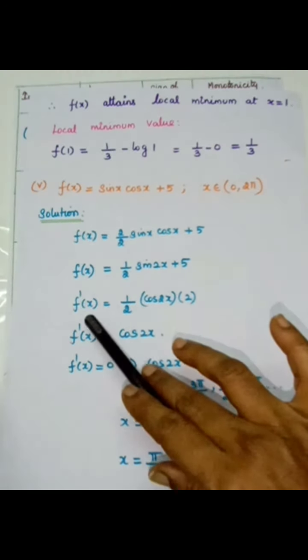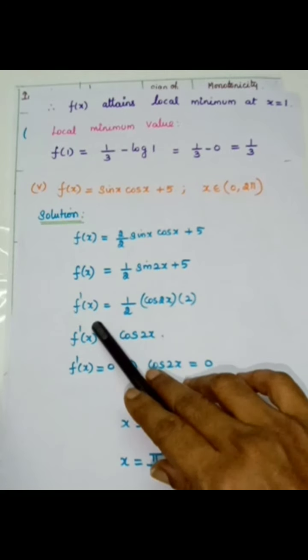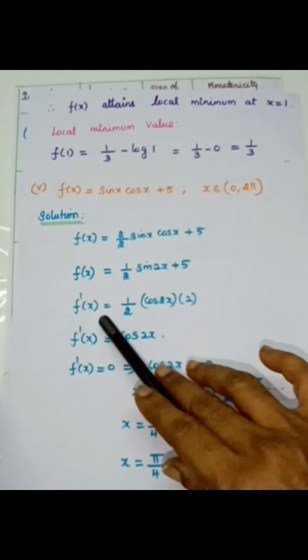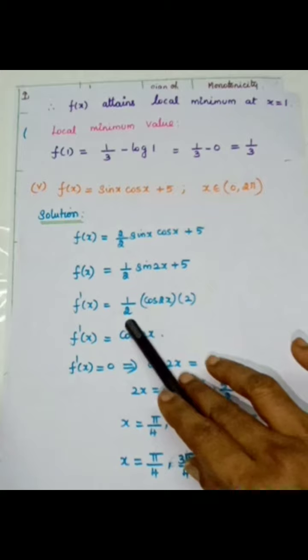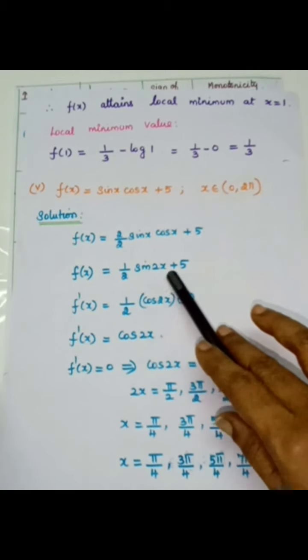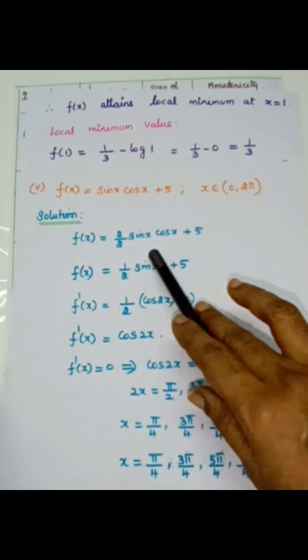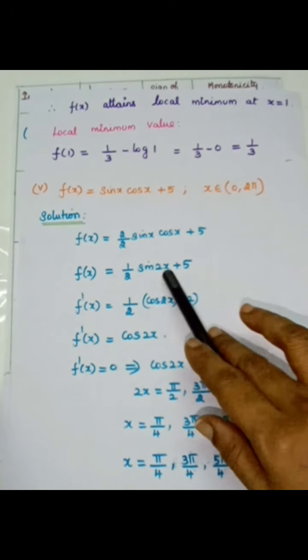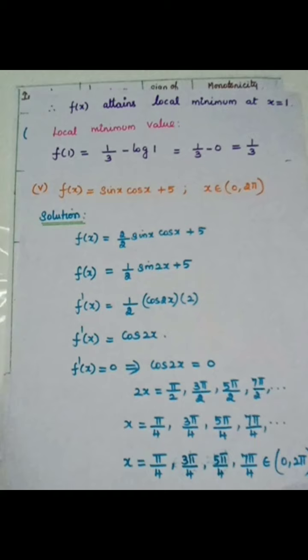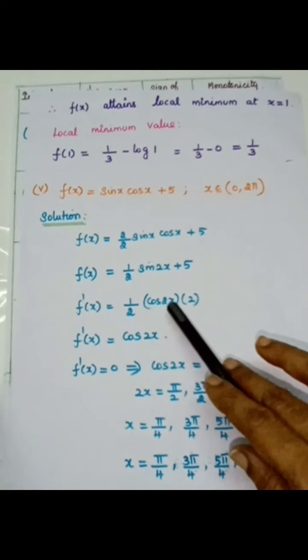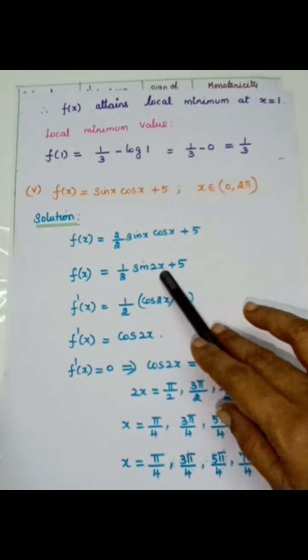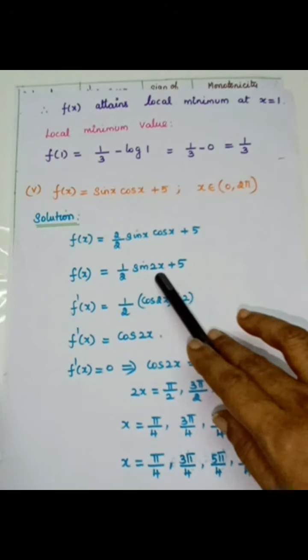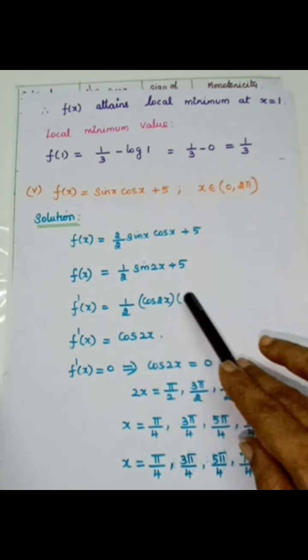Next you have to go for f dash of x, so you differentiate with respect to x. 1 by 2 is a constant. How to differentiate sin 2x? Using the chain rule, the differentiation of sin of something is cos of it, so it is cos 2x, and then the inside 2x has to be differentiated again, and the differentiation of 2x is 2.